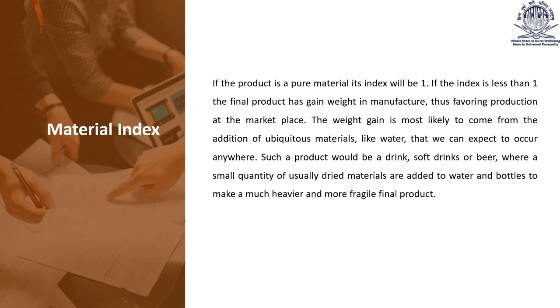Such a product would be drinks, soft drinks, or beer, where a small quantity of usually dried material is added to water and bottled to make a much heavier and more fragile final product.